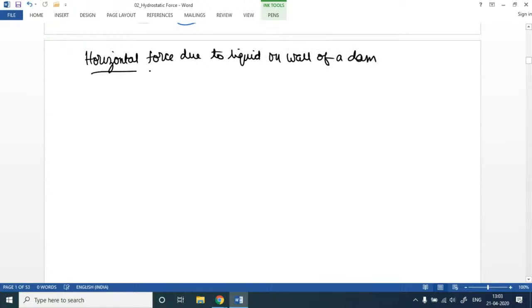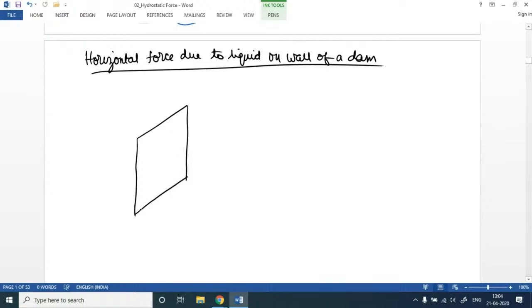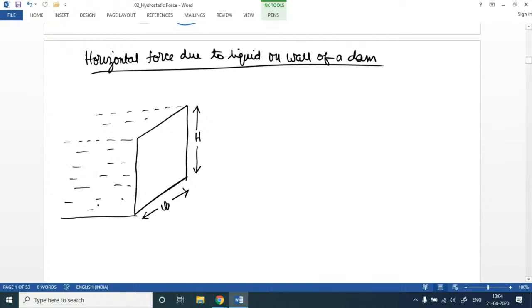Let's say we have a wall of a dam, whose dimensions are: its height is h and its breadth is b. At one side of the wall there is a water body, and let's say the density of water is rho.